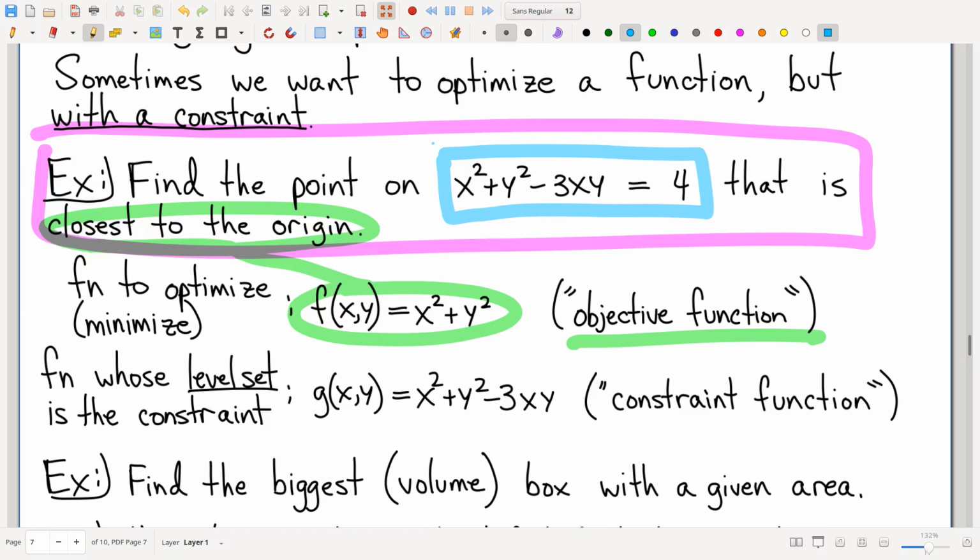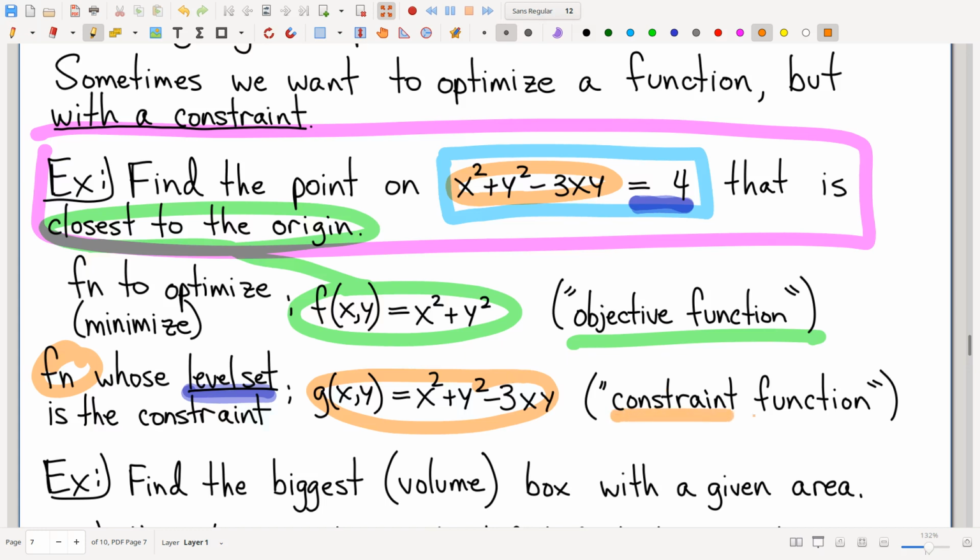So how does that factor in? Well, there's a real clever move on this, and that is to always write your constraint as a level set. Then look at the function whose level set gives you the constraint.